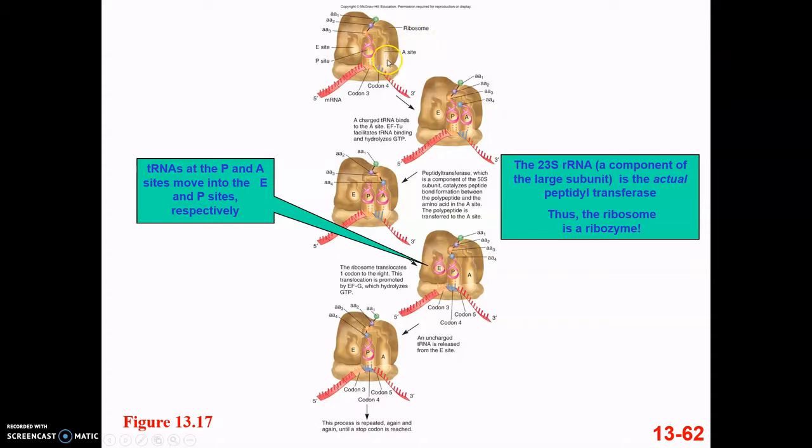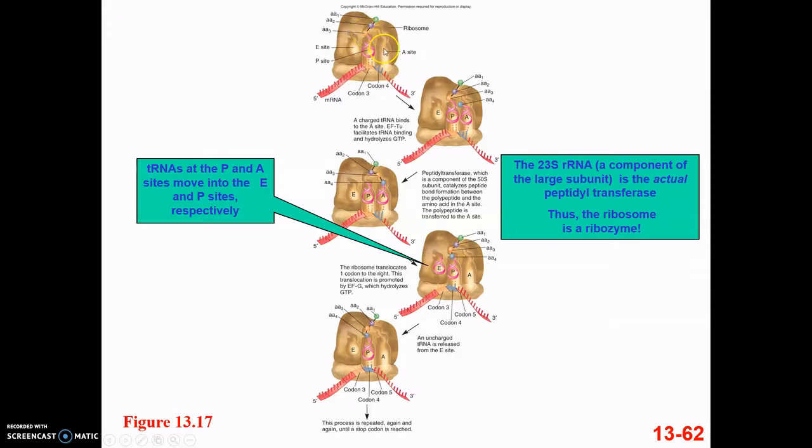So here we have the entire complex, the entire ribosome with a messenger RNA in it. Right here in this example, we're showing that we are on codon 3, and we have a transfer RNA in the P site with its bound amino acid, and then we have the amino acids for codon 1 and 2 bound covalently to amino acid 3.